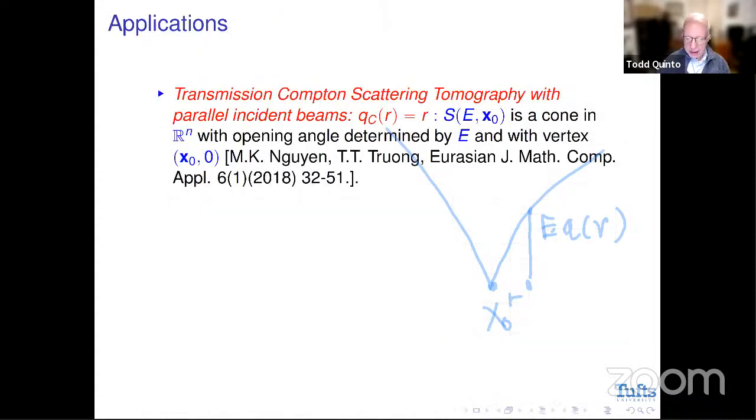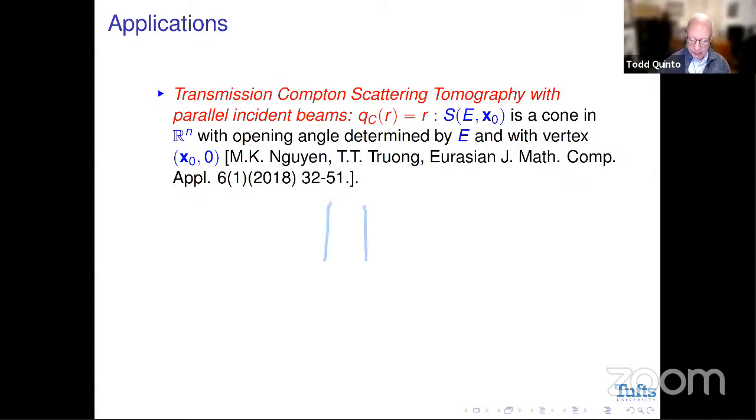The applications are in transmission Compton scattering tomography. What will happen is parallel beams will come into the object, and then they hit something, maybe here, and then scatter. All the ones that scatter with the same energy will go along a parallel line.